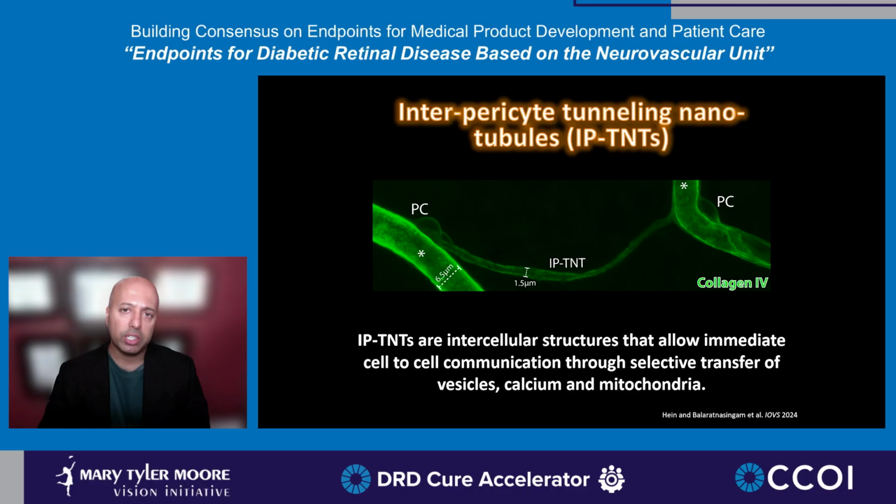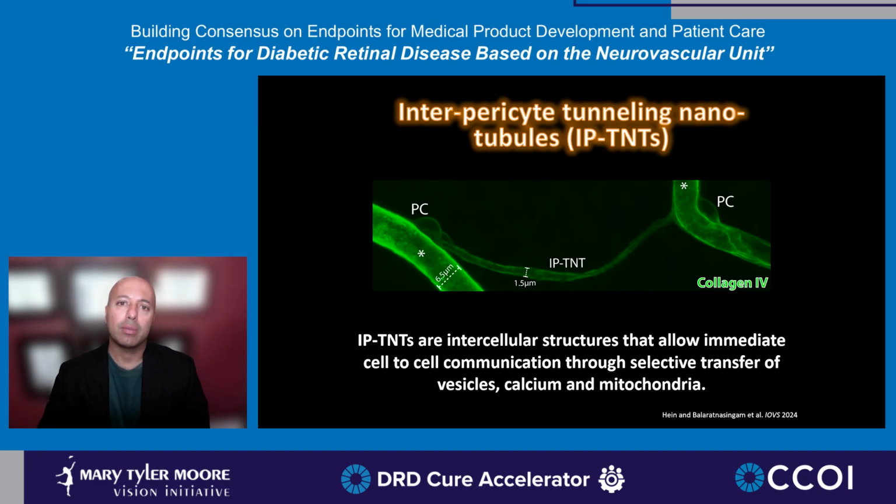Using human donor tissue more recently, we've been focusing on the structure known as interpericyte tunneling nanotubules, IPTNTs. These are structures that have been reported in the human brain, and also some beautiful studies on rodent retinas as well, done by the Melbourne group. But we've really been focusing on that in human donor eyes, and they're far more abundant than one would expect.